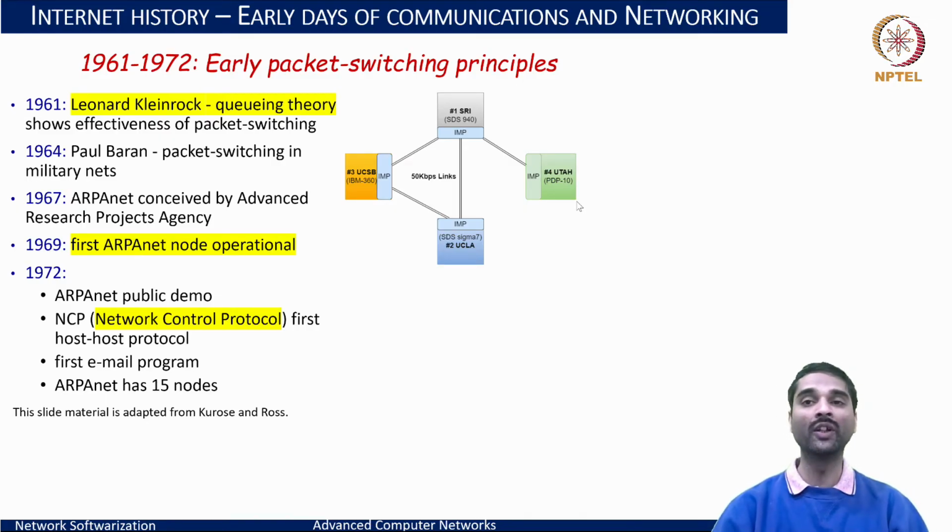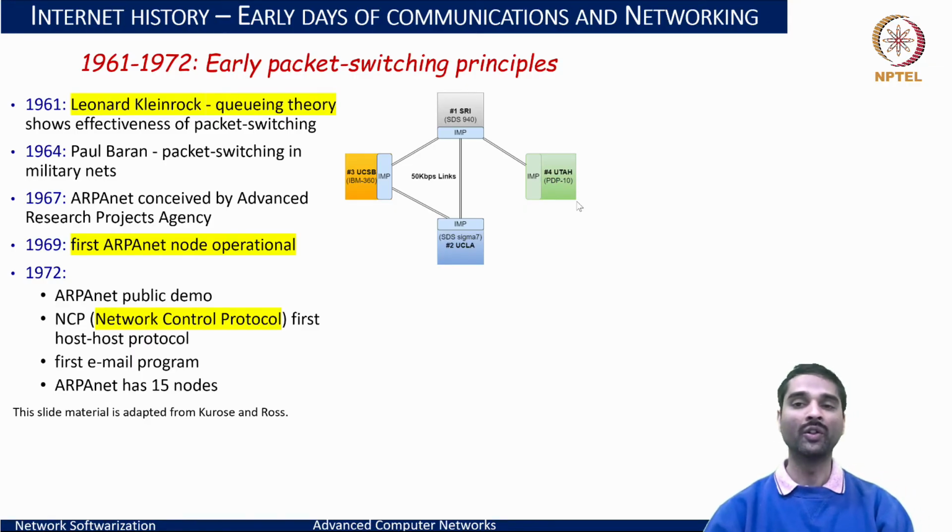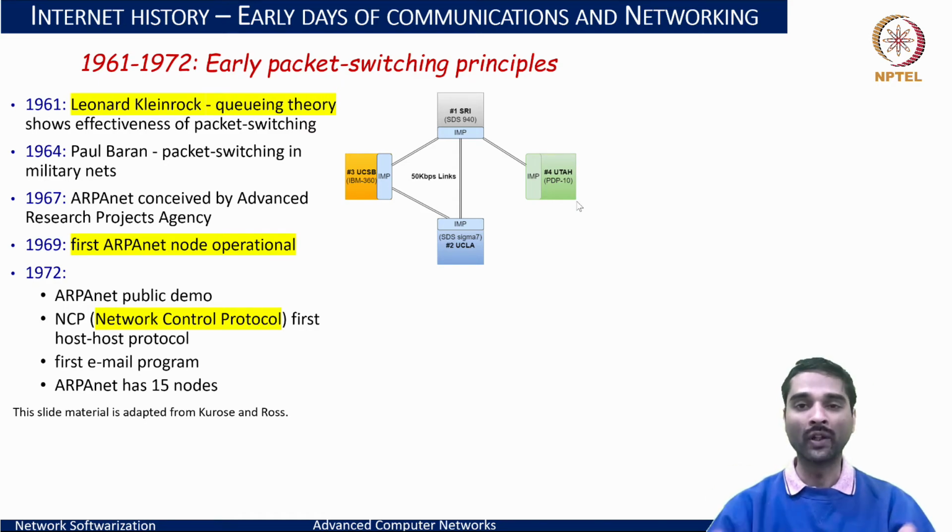So you can see the heterogeneity, where one 24-bit machine at Stanford Research Institute, a 36-bit machine at the University of Utah, and two 32-bit machines at UCLA and UCSB were all connected to make the first 4-node network.